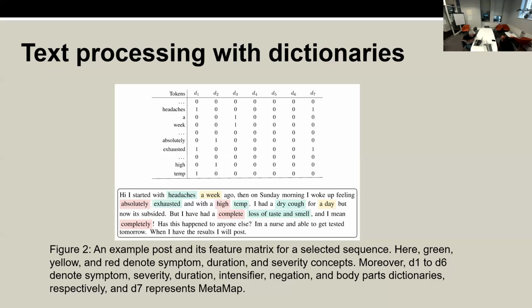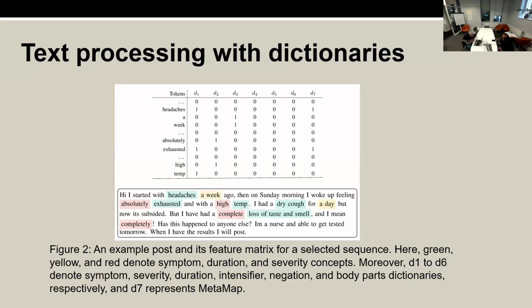Given a sentence or a passage or a text, we identify which word comes from which dictionary, and we create a vector of dictionaries, in this case D1 to D7, 7 dictionaries.